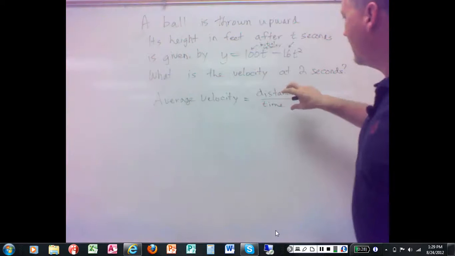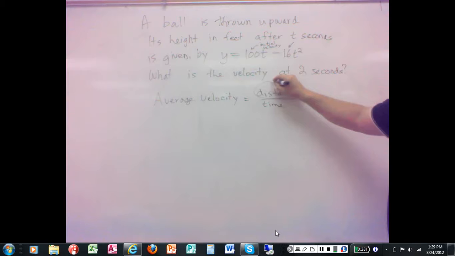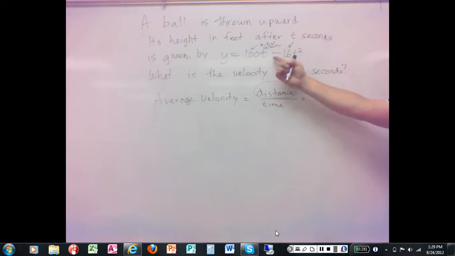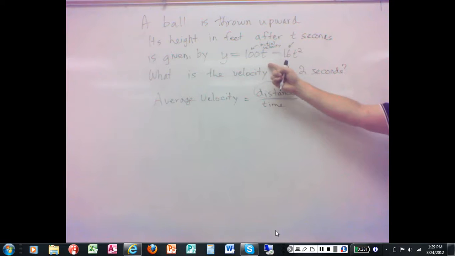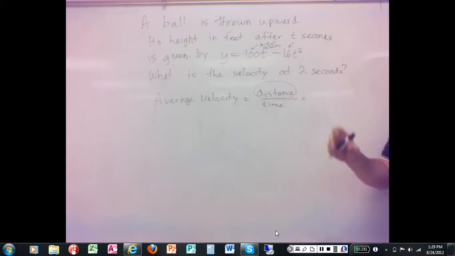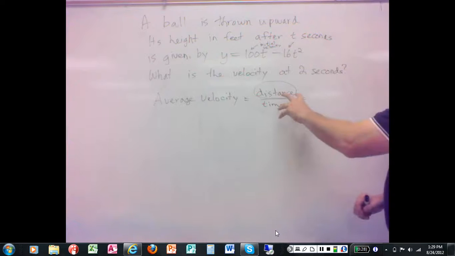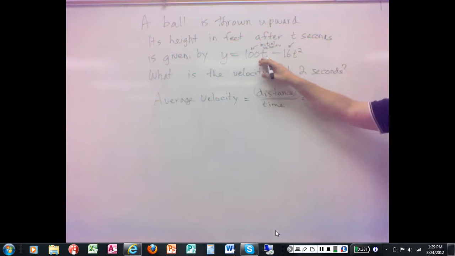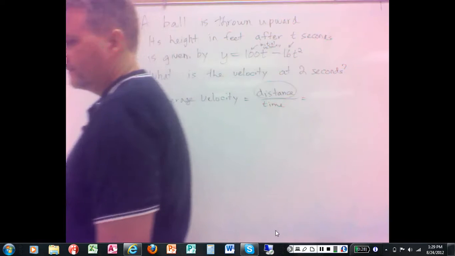All right. So how would I get this distance if I'm, say, going from 2 seconds to 3 seconds? Well, I'd find the height at 2 seconds and the height at 3 seconds and take the difference, right? So this distance is the difference of the y values. It's the difference of the heights.